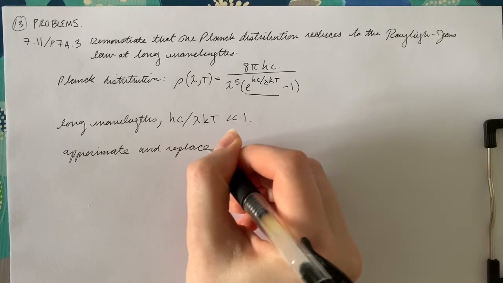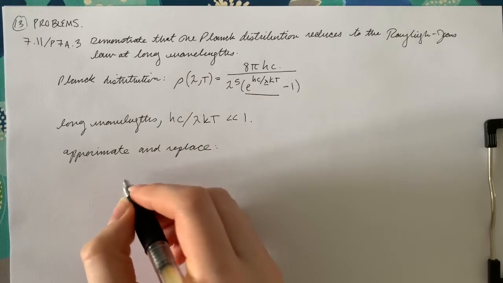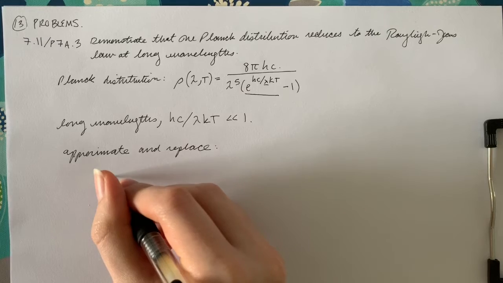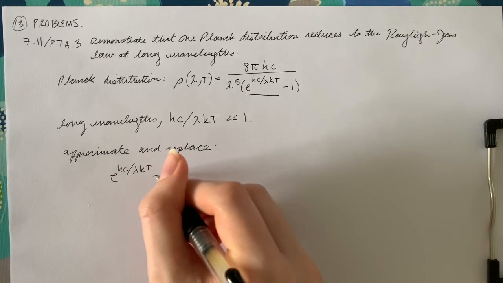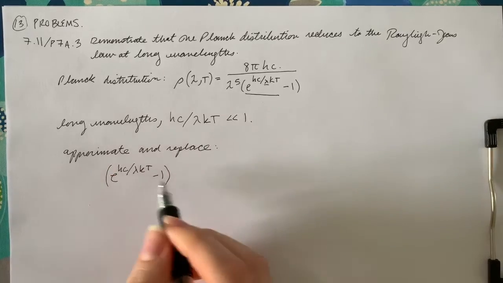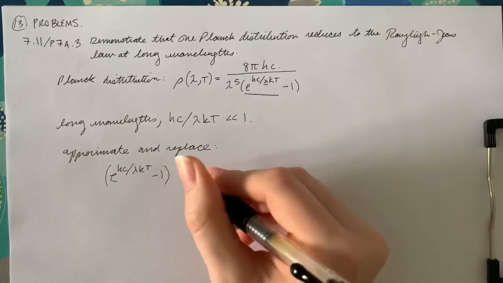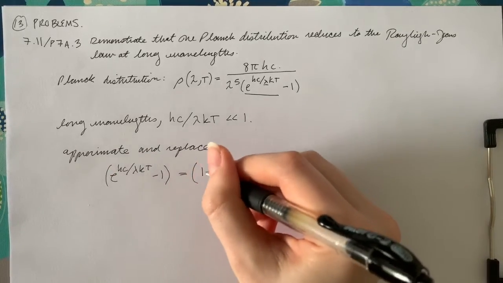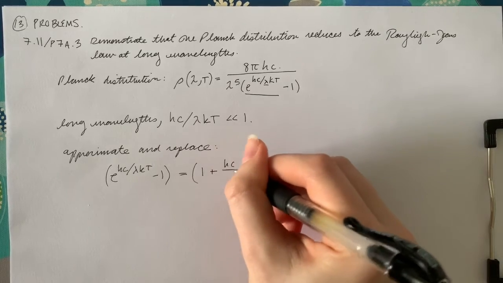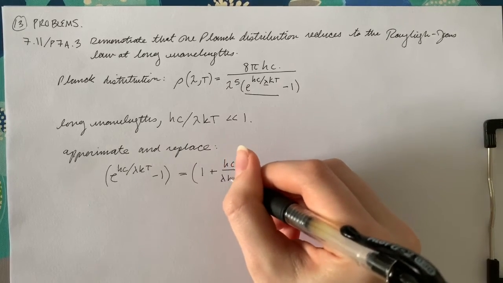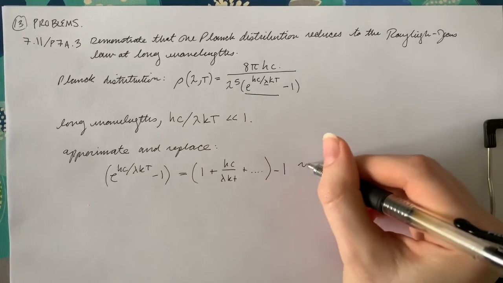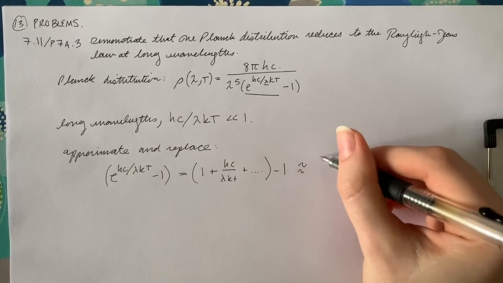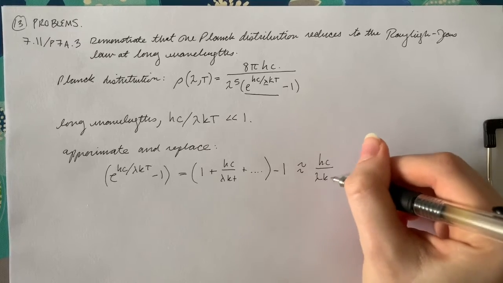So we can approximate and replace. For this quantity, e to the hc over wavelength kT minus 1, as wavelengths get long, we can sum up how these values change, and we get an approximate value of just the exponent, hc over wavelength kT.